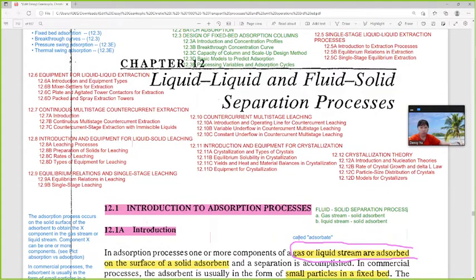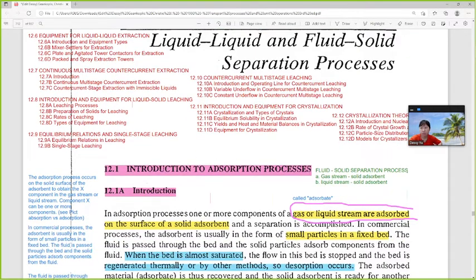In 12.1, Introduction to Adsorption Processes, the main point is that adsorption is a fluid and solid separation process. Fluid contains a gas or liquid stream. Solid means solid adsorbent. So, a gas stream with solid adsorbent, or a liquid stream with solid adsorbent.